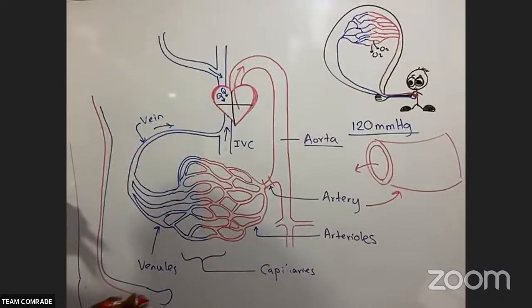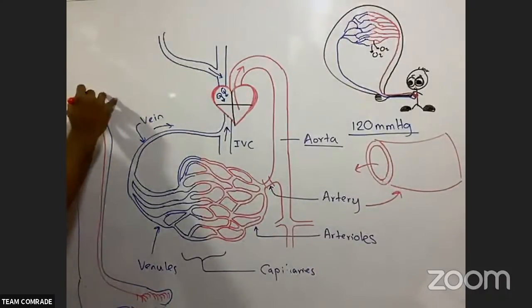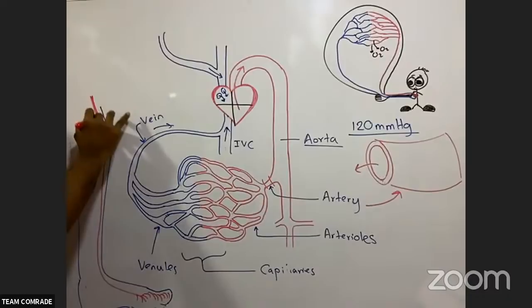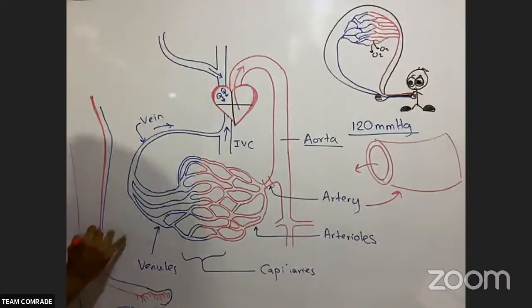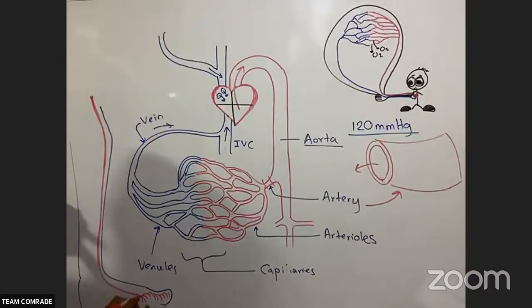When the arteries come, they form a capillary network all over the area. Then this blood should go like this through the capillary network.